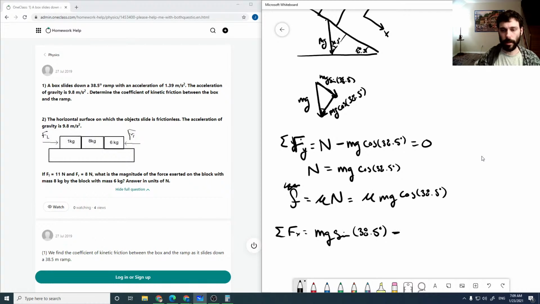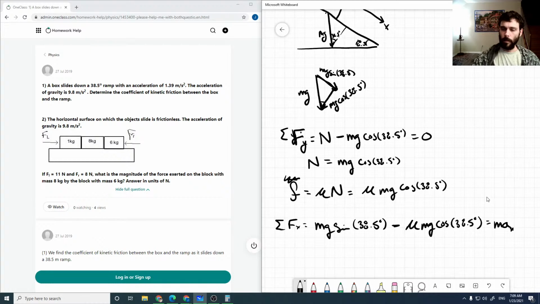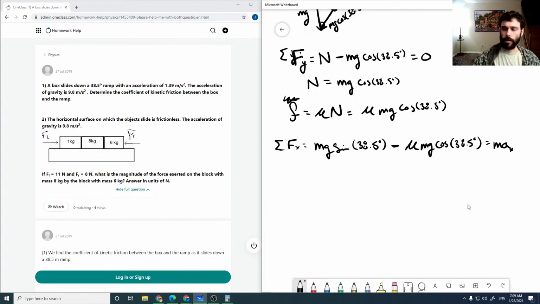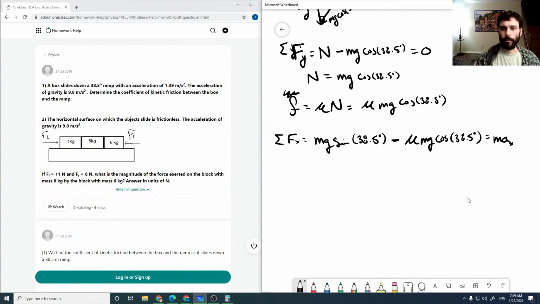And we're going to subtract our friction, which is mu mg cosine of 38.5. And this equals our ma. And we're given in the question that the acceleration is 1.39 meters per second squared, and we're asked to solve for our mu. So first of all, we can cancel all our masses and divide out g.